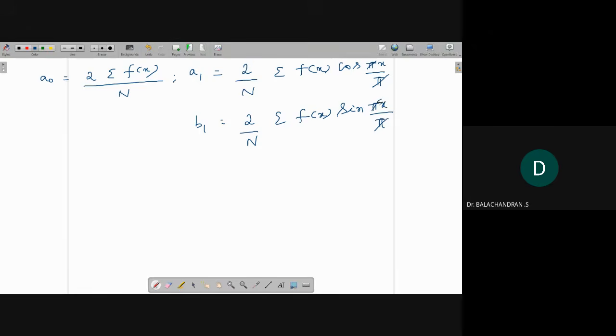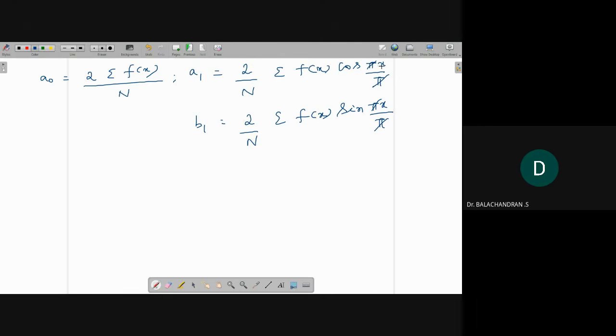Okay. So actually I need to find what? I need to find summation f of x. Summation f of x is nothing but summation y. Yeah, that is the first thing you should keep in your mind. And then I need to find the summation f of x into cos x.